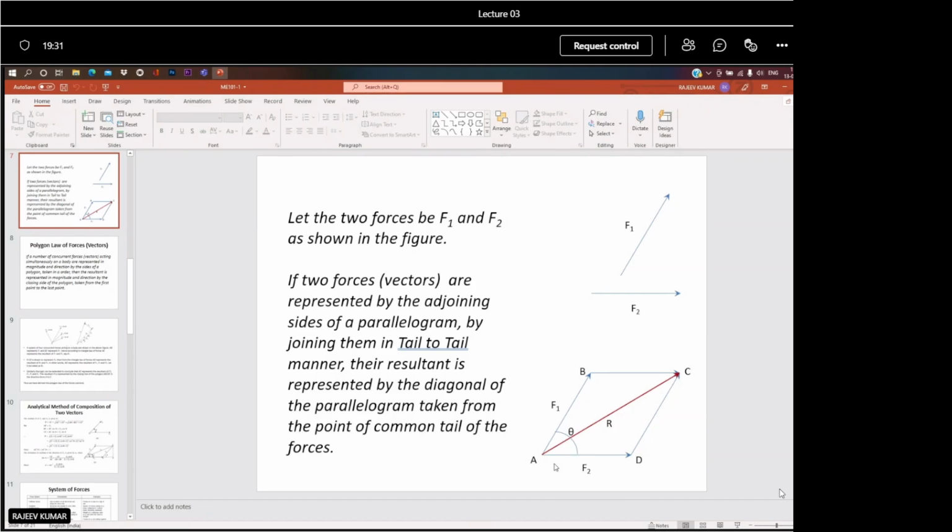If you take R, you see that R is extending, so think that this R is coming from here. This is the direction of R, so the remaining angle will be between F1 and F2.